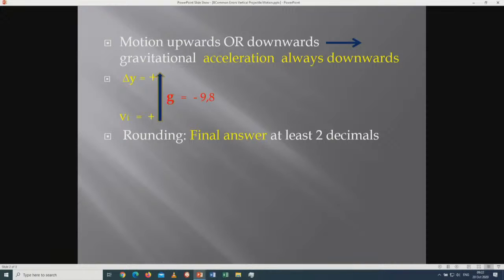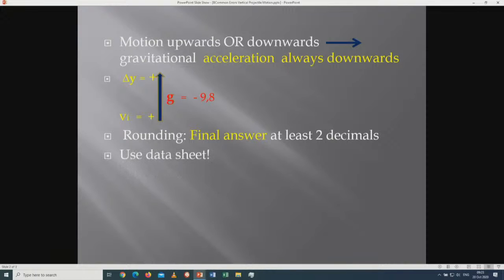But the principle is, maybe don't round off your first answer, but correctly round it off in your final answer to at least 2 decimals. You can have more than 2 decimals in your final answer. Just make sure that it is correctly rounded.